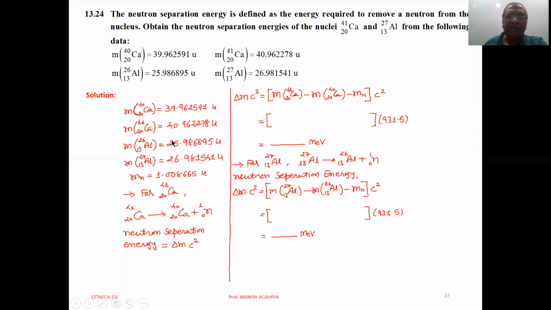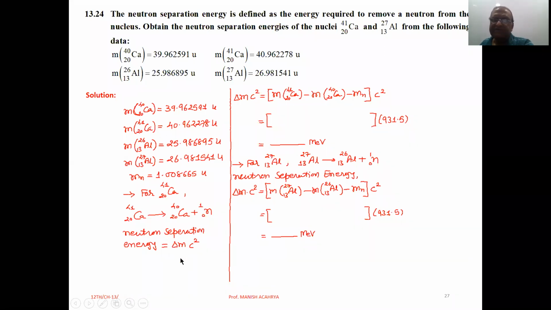Okay. Now, first of all, list out all these atomic masses and mass of neutron. Now for 20Ca41, so prepare the reaction. 20Ca41, so one neutron is released. It implies that now here 20Ca40, Z remains same, plus one neutron.